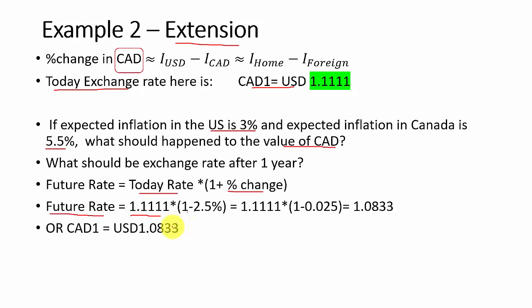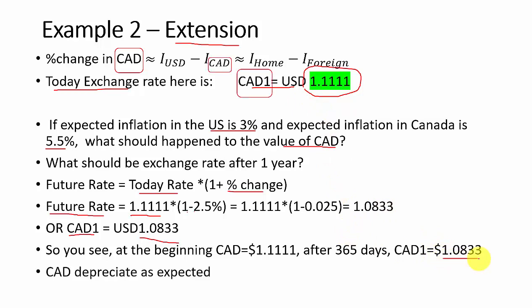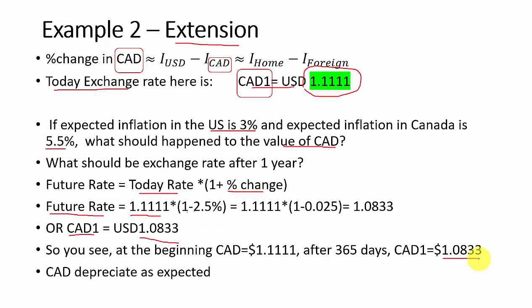The future rate for the Canadian dollar should be about 1.0833 US dollars. At the beginning, the Canadian dollar was worth 1.1111, and after a year, it dropped to 1.0833. So the Canadian dollar depreciated as expected, by about 2.5%.